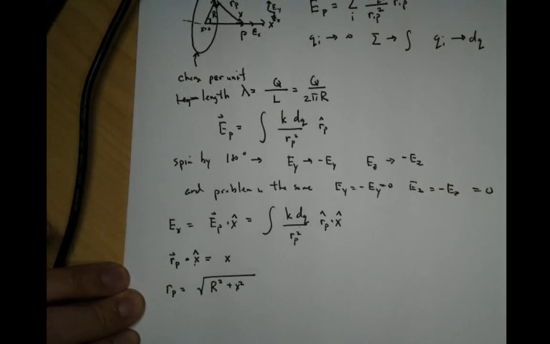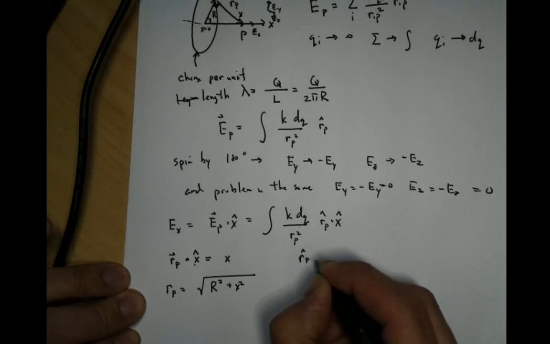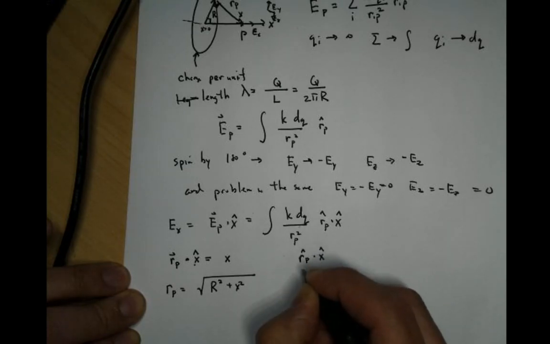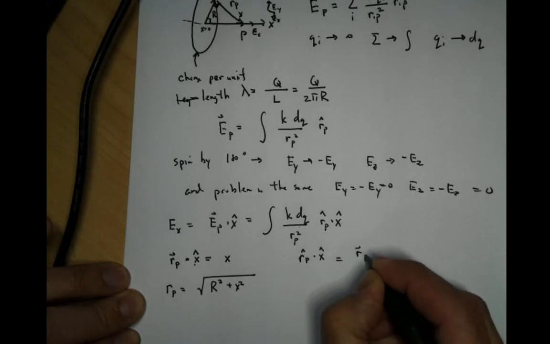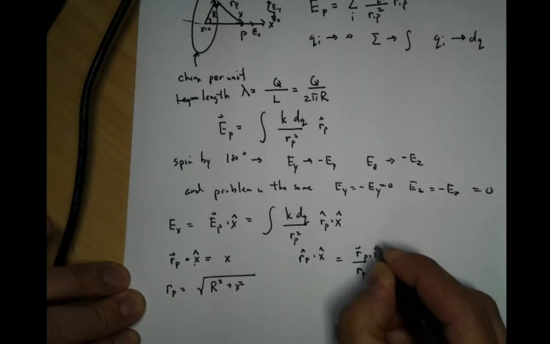Okay, and so basically r_P hat dot x hat is just r_P dot x hat over r_P.